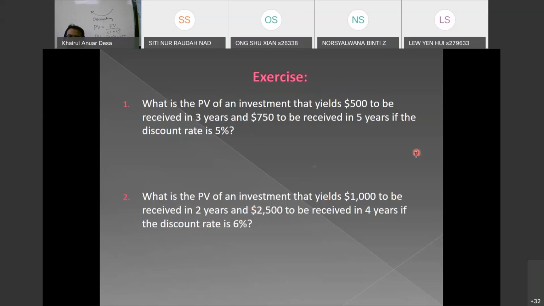And the second one: what is the present value of an investment that yields 1,000 to be received in 2 years and 2,500 to be received in 4 years if the discount rate is 6%? Let's look at the first question first. For the first question, we divide 800 by 1.05 to the power of 3, then add 750 divided by 1.05 to the power of 5.